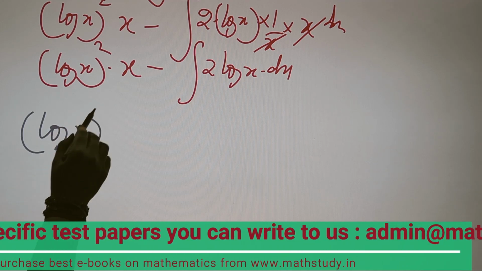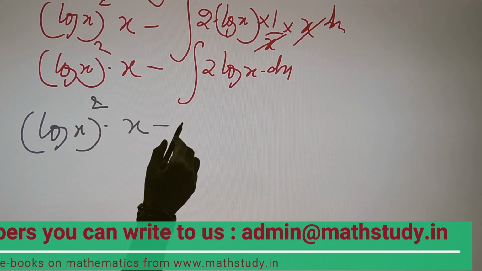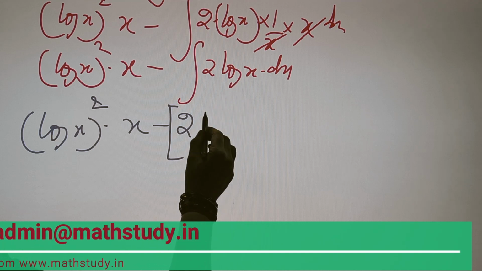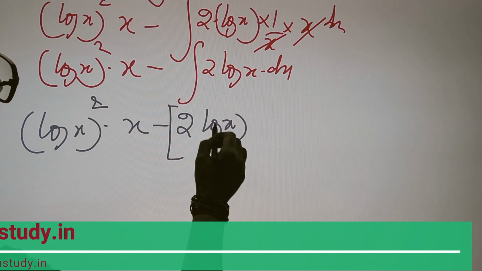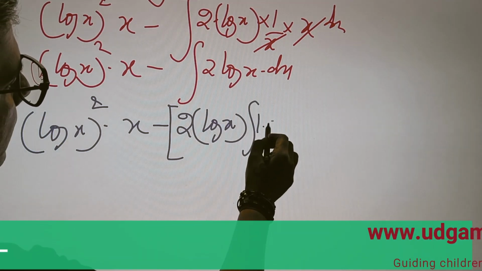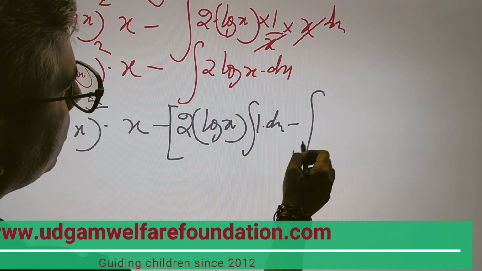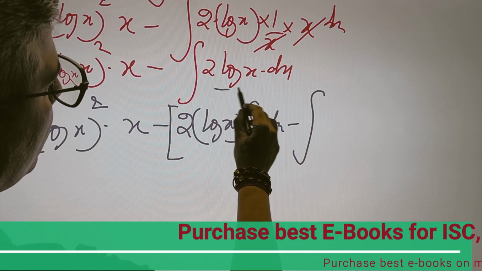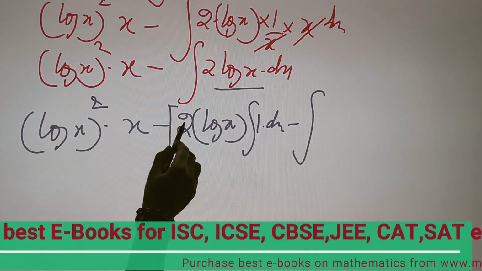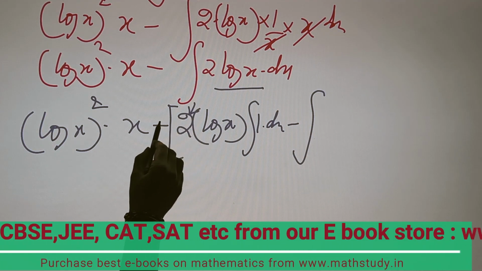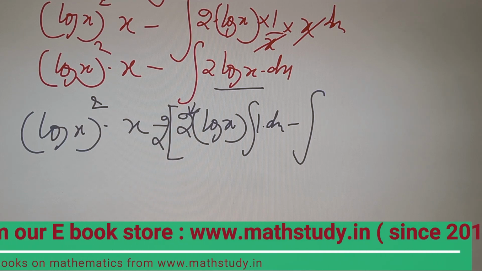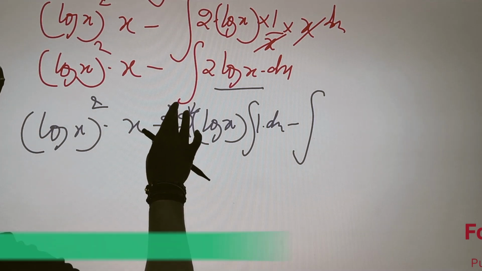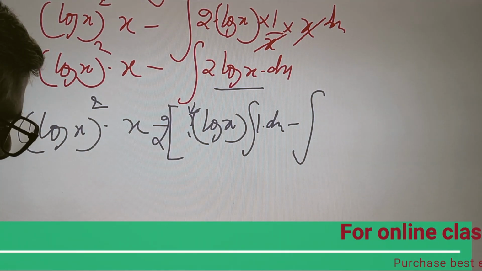Log x whole square into x minus 2 into, again we have to use log x as the first function, into integration of 1 dx minus integration of this function. Or we can take this 2 as a common factor, because otherwise it is going to create some trouble. So we have to take this 2 common.